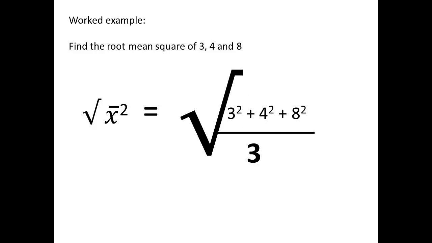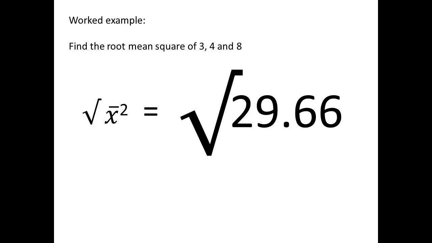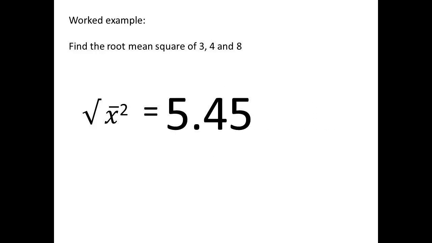We want the root of 3 squared plus 4 squared plus 8 squared divided by 3, which is the root of 9 plus 16 plus 64 divided by 3, which is the root of 89 divided by 3, which will be the root of 29.66, giving us a final answer of 5.45.